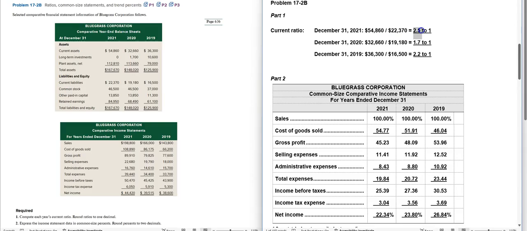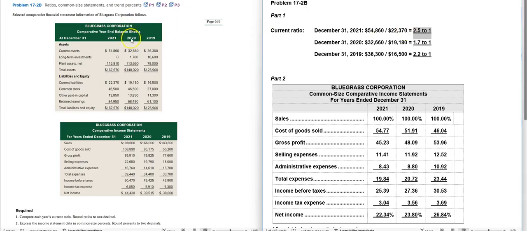What we're saying is that current assets are 2.5 times the amount of current liabilities, so we call it a ratio of 2.5 to 1. For every dollar in current liabilities, we have $2.50 in current assets.